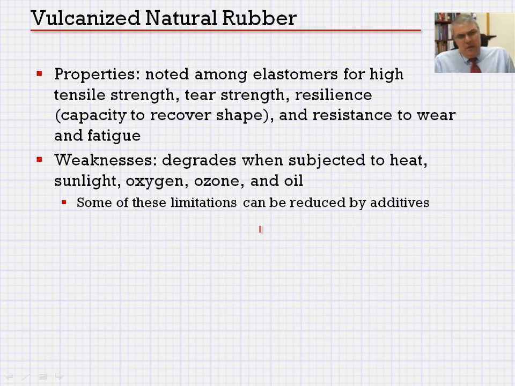So what are some of the properties of vulcanized natural rubber? They have a high tensile strength, and as a result of that, they are resistant to tear, and they have a high tear strength.